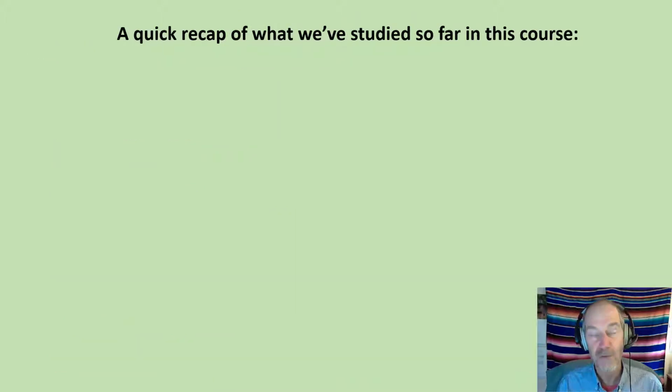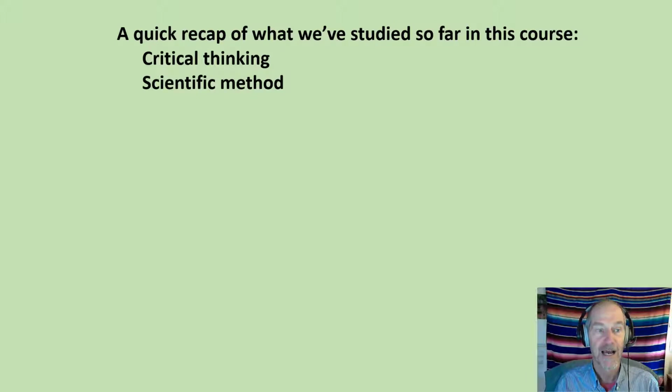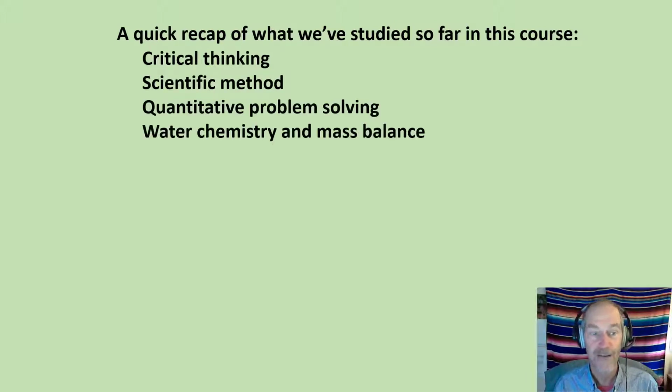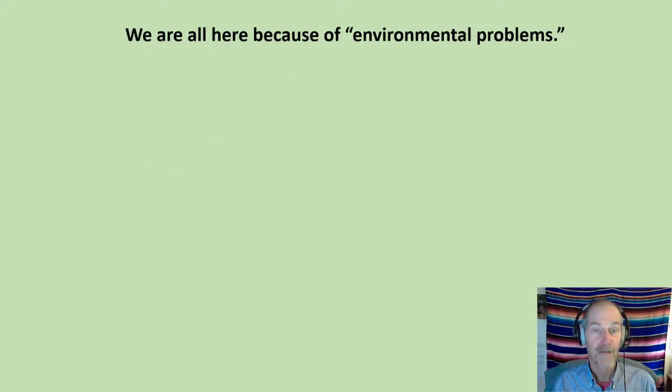So, just a quick recap of what we've studied so far in this course. We started out with the basics: critical thinking, scientific method, quantitative problem solving. Then we gave you a little domain knowledge, water chemistry and mass balance, useful for doing some quantitative exercises, and then bias, and now social science methods. So why do this?